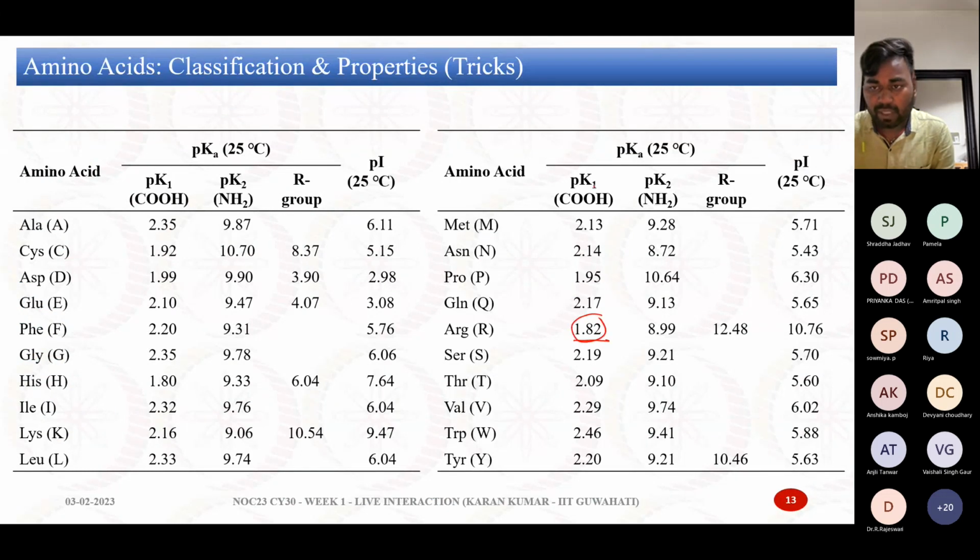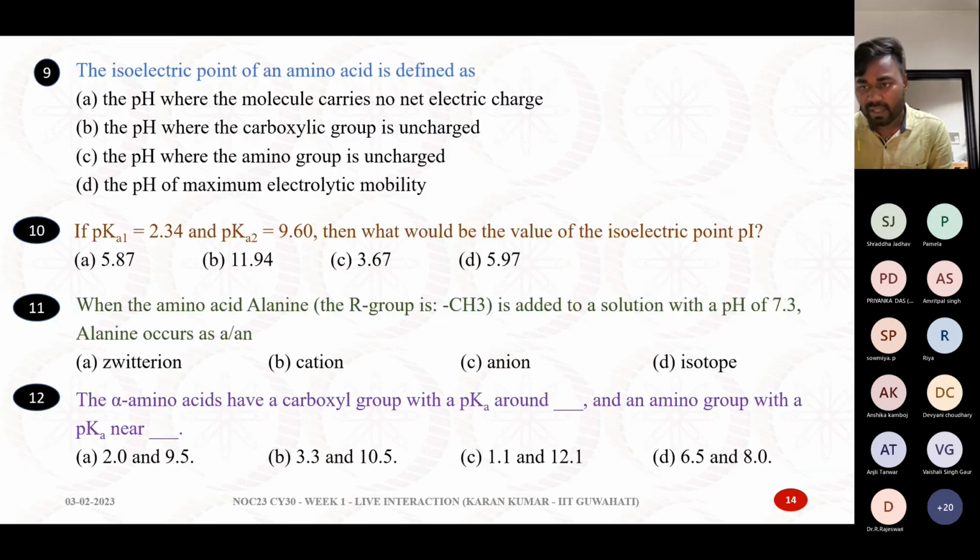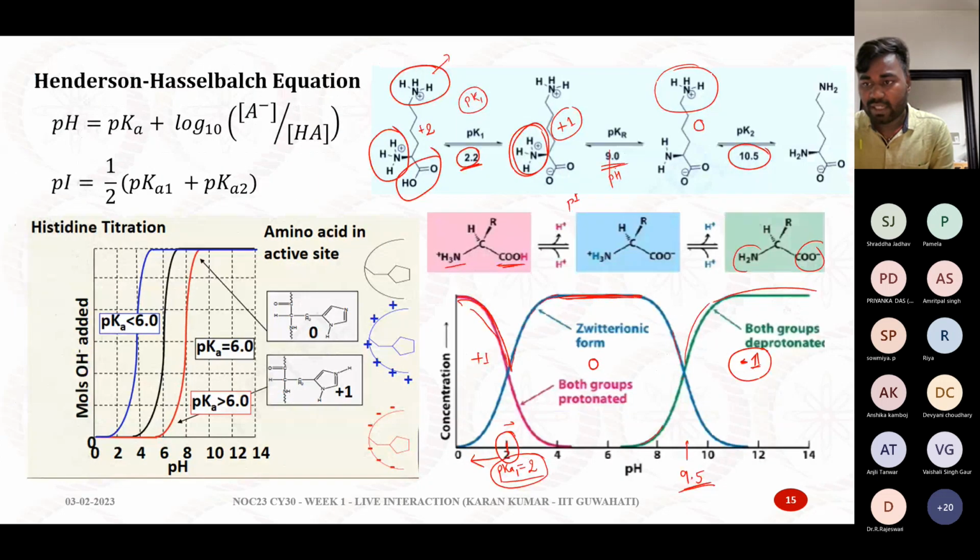1.8 is the pK1, pK2 is 9, and for the R group it is around 12.48, right? So once this crosses a pH of 10.5, this amino group will also lose its proton, and then there will be a net charge of -1. Understood?